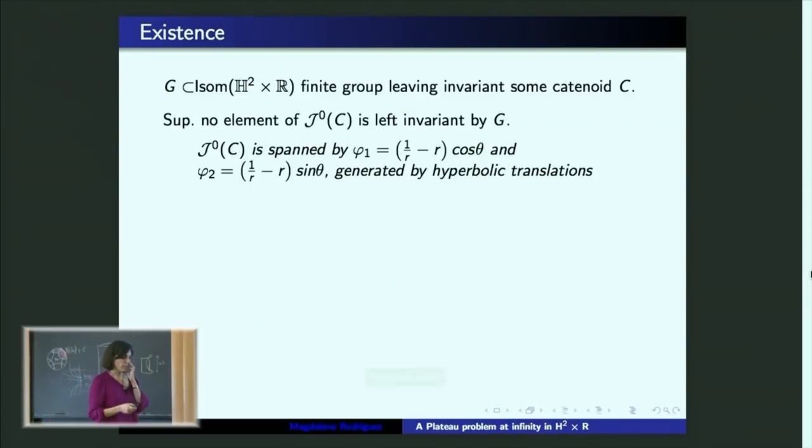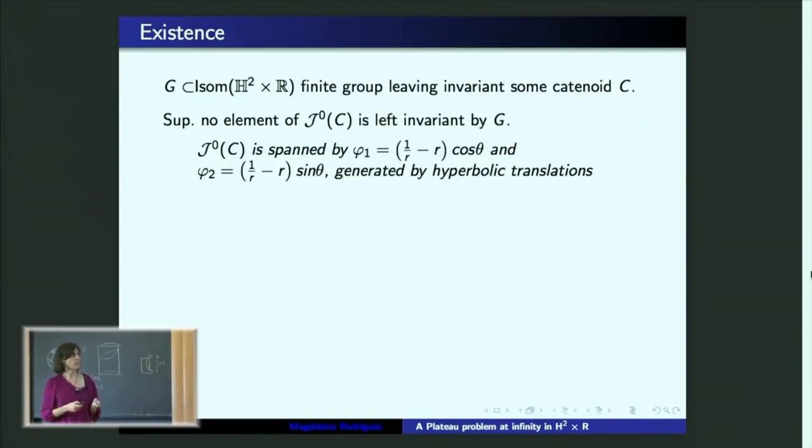In the paper we have different things, but one of them, because I didn't have too much time, is this: what you want to avoid is the case of catenoids going to infinity. So you can take a finite group of isometries leaving invariant one fixed catenoid, and so that it doesn't leave invariant translated copies of the catenoid.